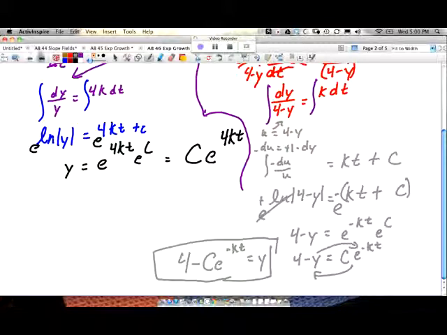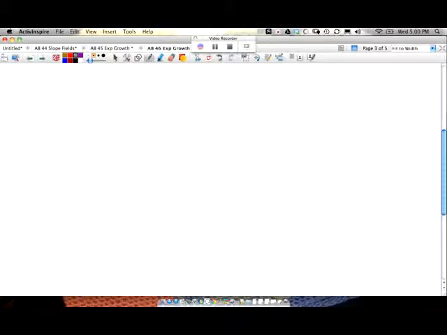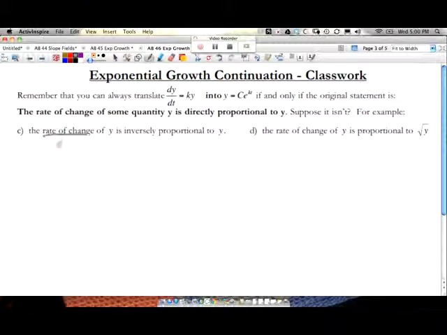Done did it. Let's do another one. What if it said the rate of change, so that's like dy/dt, of y, is inversely proportional to y? What does that mean? Okay, here's what that means.